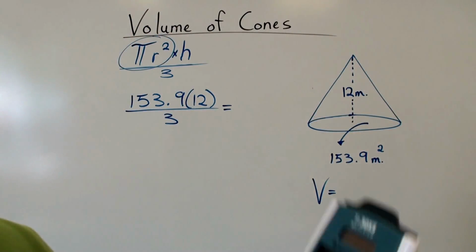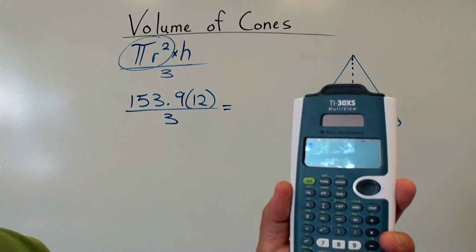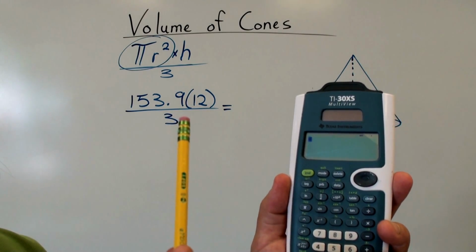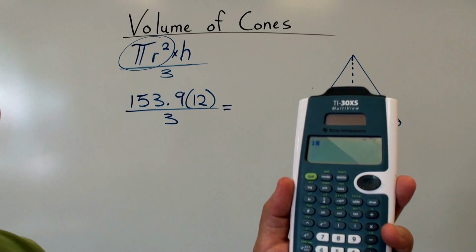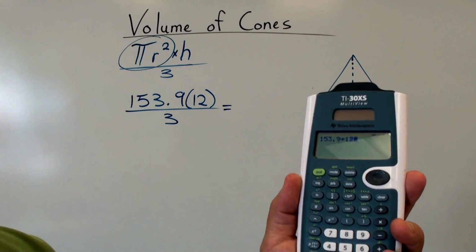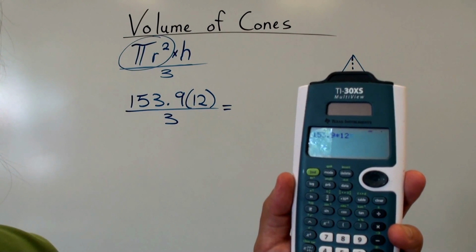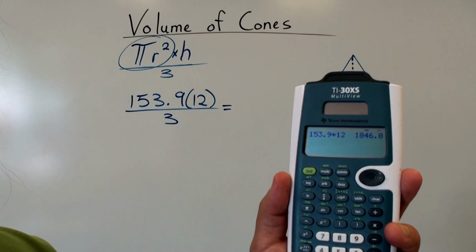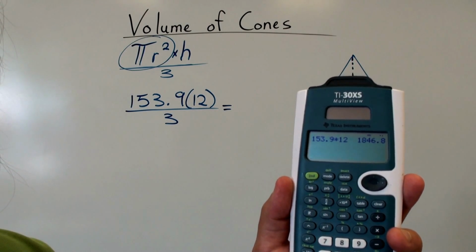All right, so, trusty old calculator. Actually, it's not that old. Anyway, I'm going to multiply 153.9 times 12. Let's figure out what that numerator looks like. The numerator is 1,846.8.